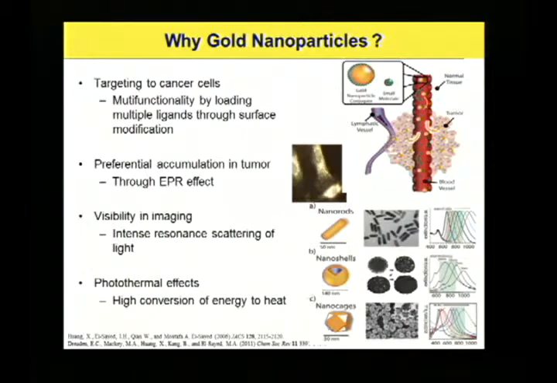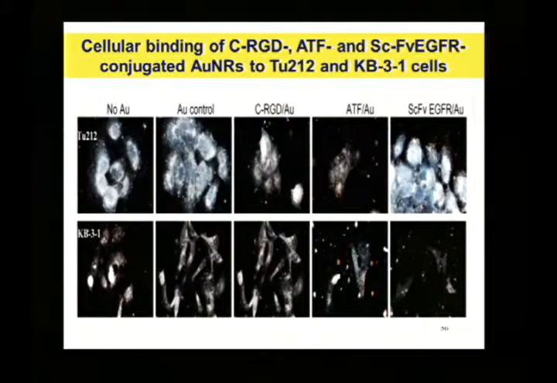This is the nanorod, shell, and cage, which is what we are working on right now. Next. This is looking at different ligands attached, RGD, ATF, and also single chain EGFR. You can see the yellowish and reddish color, that's the actual signal, and the other has no signal. But actually, this is also a signal based on this ligand attached to the nanoparticles.